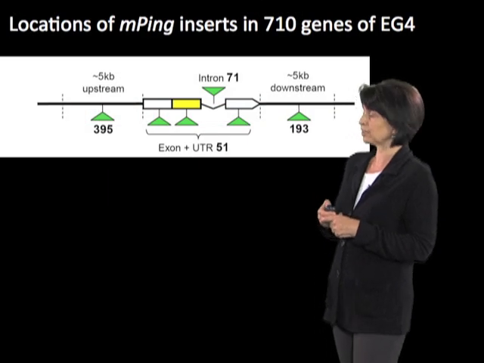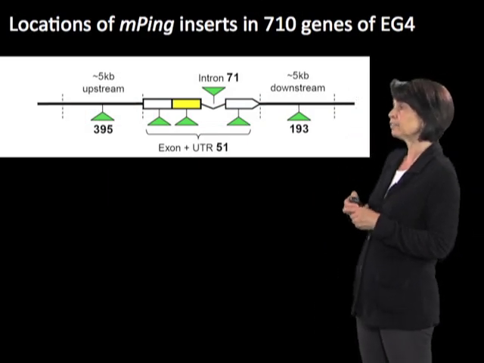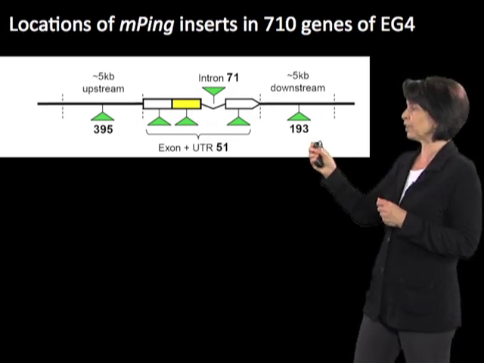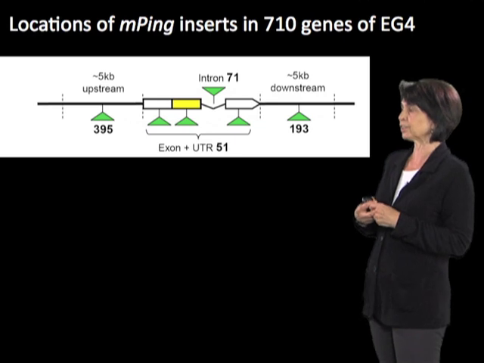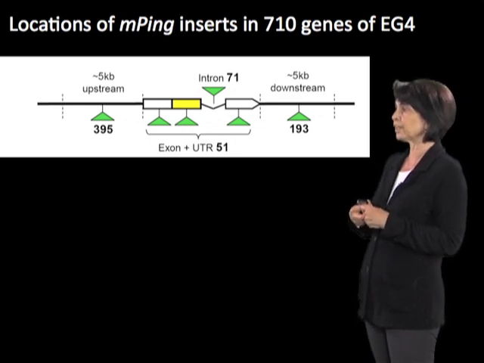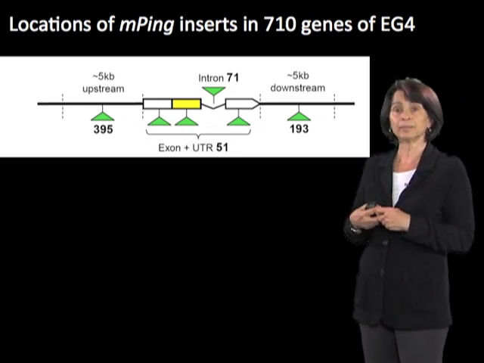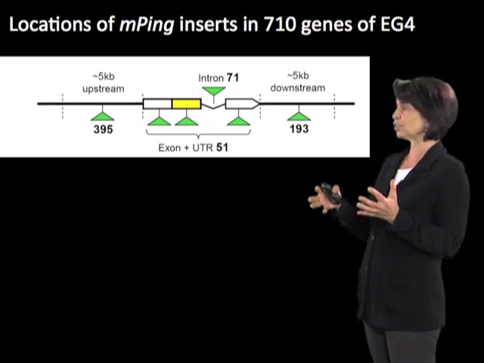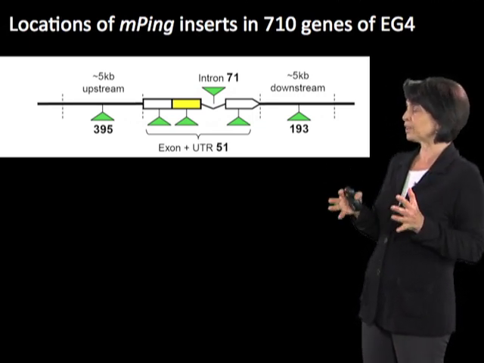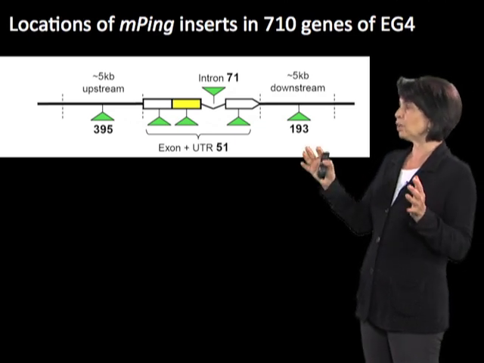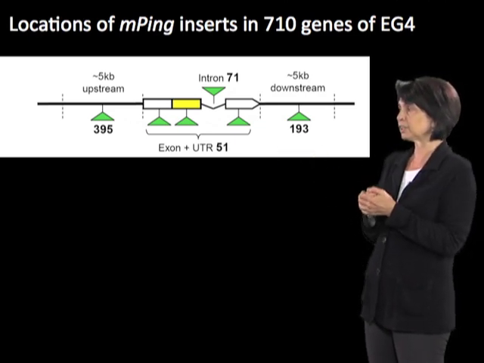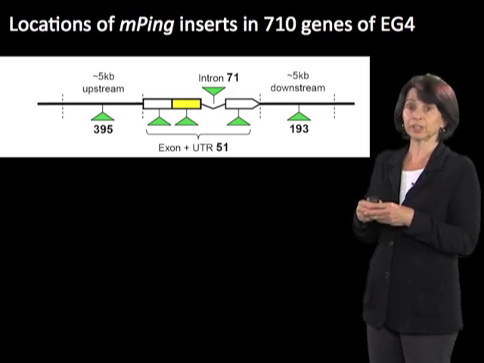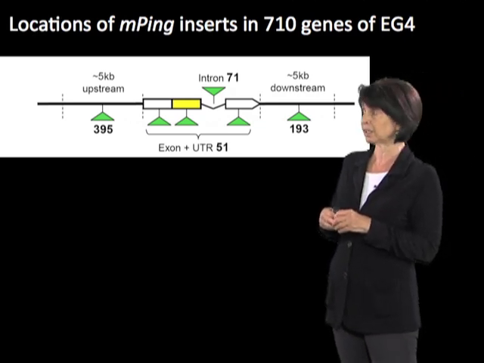And this summarizes really what we have now. We have 710 genes. EG4, I didn't show this before, is one of the land races. It's a strain in which we determined the Emping insertion sites. So by comparing the Emping insertions in EG4 with the same genes in Nippon-Bari, we now have essentially 710 genes that have alleles that differ largely by the presence of the Emping element.